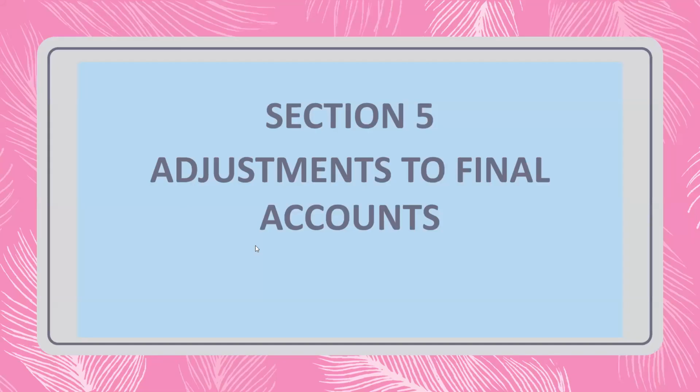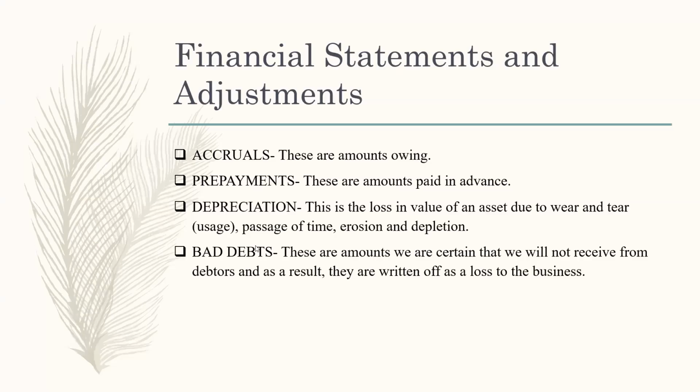We are still under section 5 of the syllabus, adjustments to final accounts. Here we are going to be learning accruals, which are amounts owing; prepayments, which are amounts paid in advance; depreciation, which is the loss in value of an asset due to wear and tear, passage of time, erosion, and depletion.